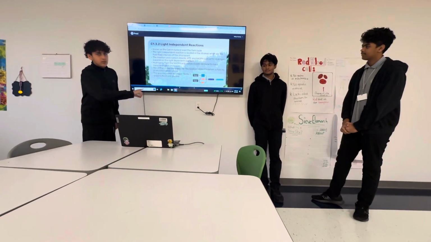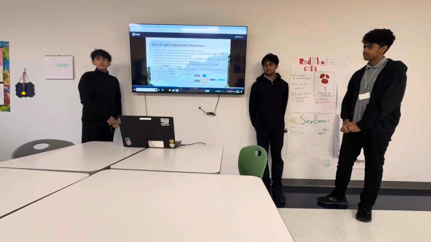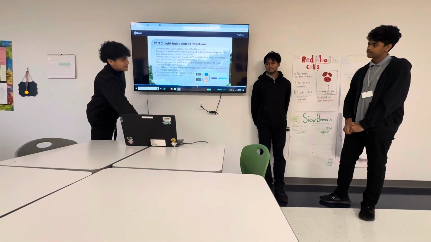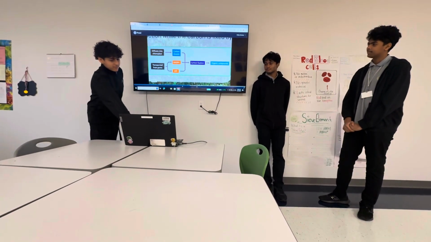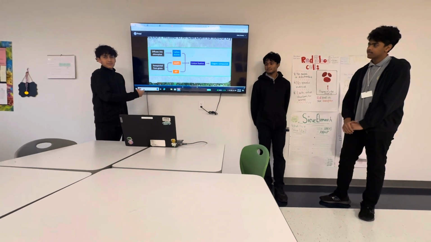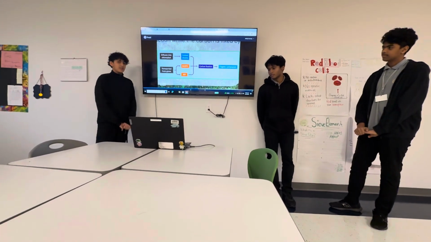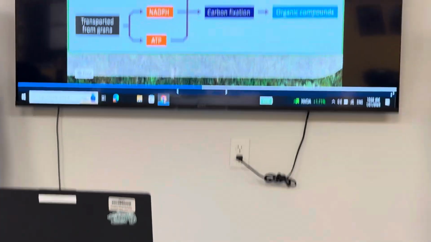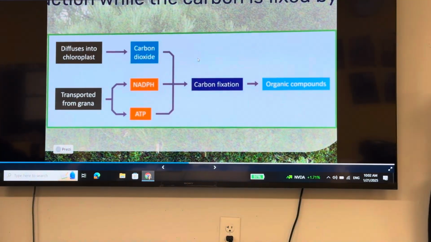You guys want to write this down too, or no? No, we got that written down. You want to draw this? Yeah, everyone should draw this diagram. This is important for light independent reactions. So we'll give you 60 seconds to do that.